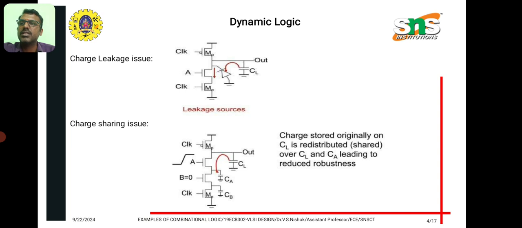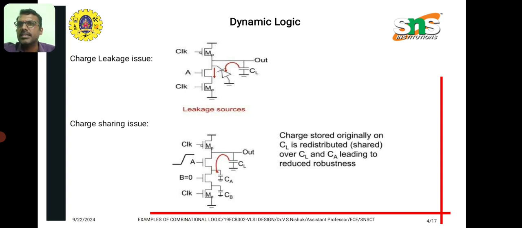So the charge leakage, charge sharing and cascading issues are the main issues of the dynamic logic. We are starting with the charge leakage issue as discussed in the previous video. During the evaluation mode of the dynamic logic, when clock signal is equal to 1, the voltage across the output path starts to discharge towards the transistor ME.